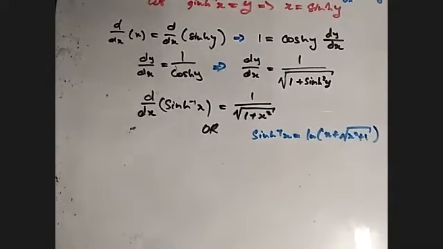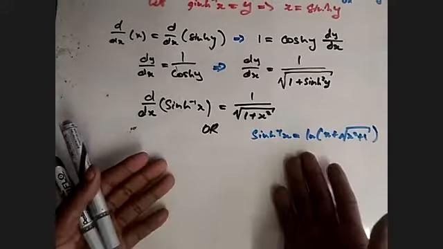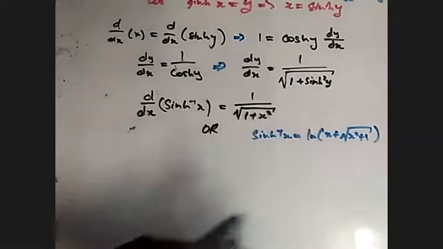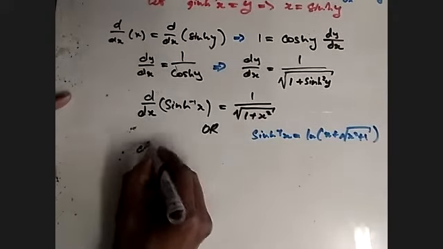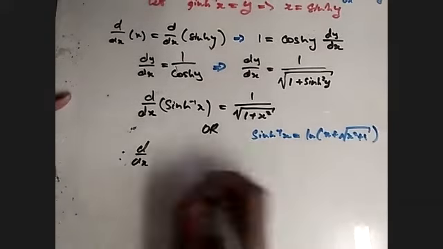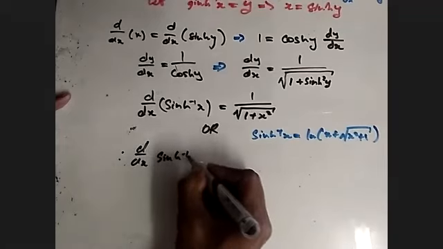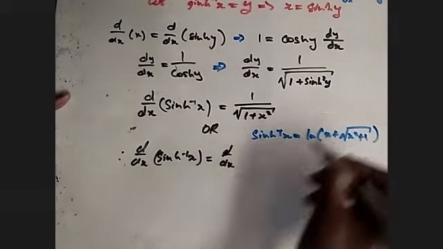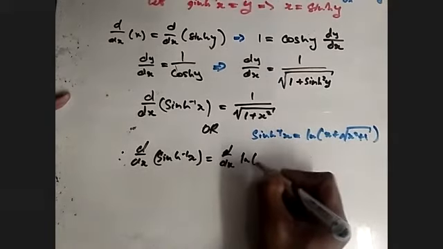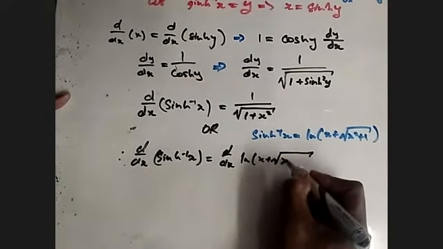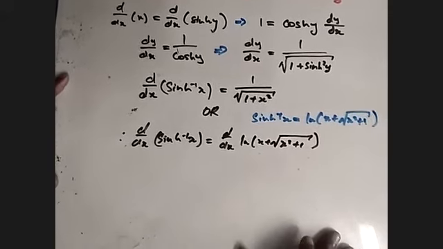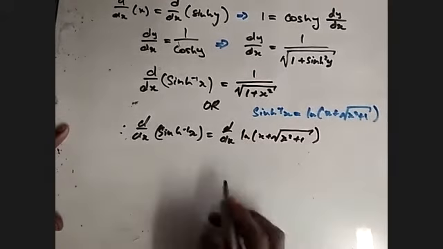Okay, so we're going to use this idea now and say, because we know that the derivative of this should be the derivative of that, then therefore the derivative with respect to x of arcsinh of x is going to be equal to the derivative of ln of x plus the square root of x squared plus 1. Okay, so what's going to happen is, if I do have something like this, I'm just going to consider the derivative of this.